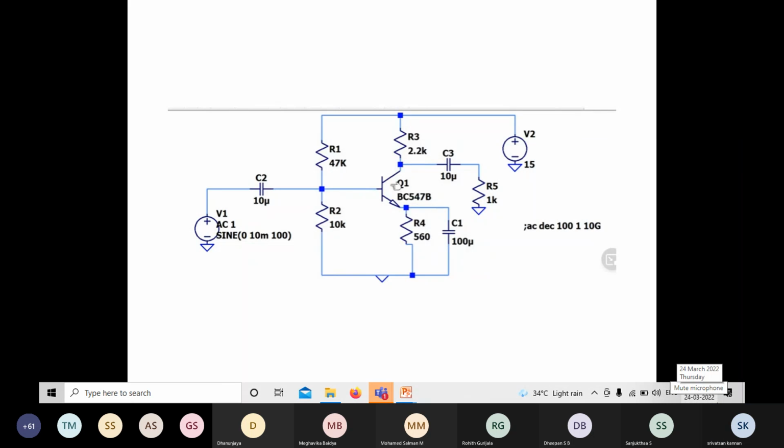Circuit is done. Yes, sir. Next we are going to simulate this in LT Spice.